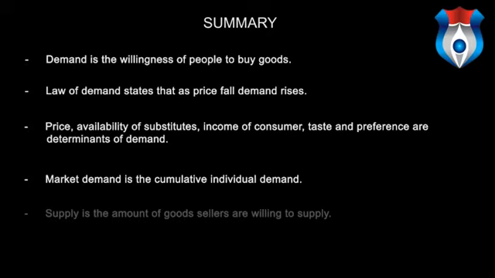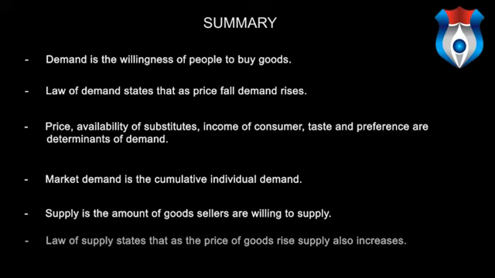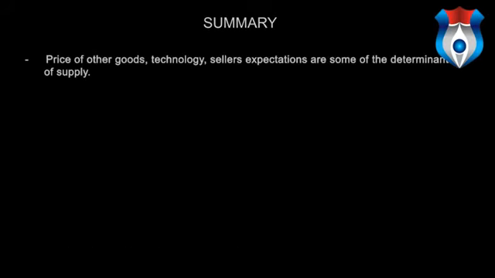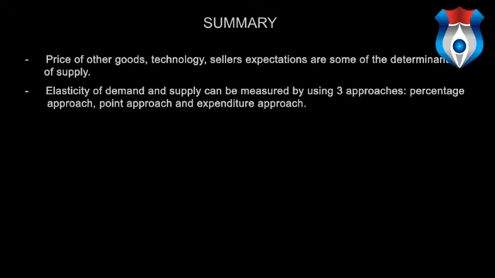Supply is the amount of goods sellers are willing to supply. Law of supply states that as the price of goods rises, supply also increases. Price of other goods, technology, sellers' expectations are some of the determinants of supply. Elasticity of demand and supply can be measured by using three approaches: percentage approach, point approach, and expenditure approach.